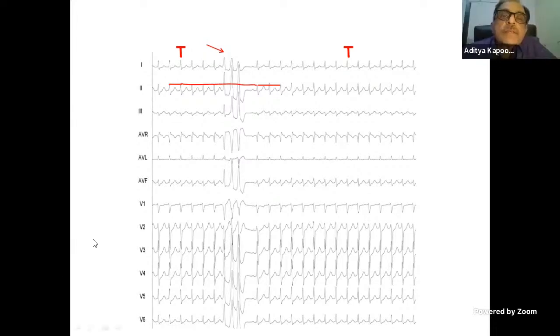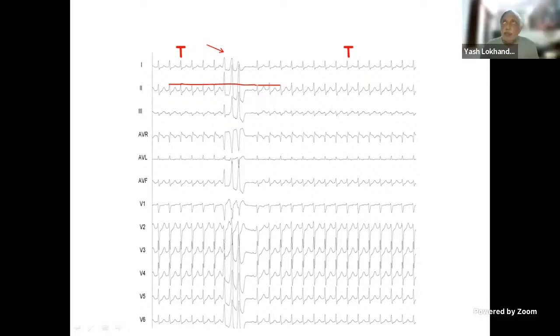When you say this is a sinus beat, then how does it restart? Is there any obvious premature beat with which it has restarted? Is there any obvious PAC or PVC which is restarting it? No, there is no obvious premature beat.